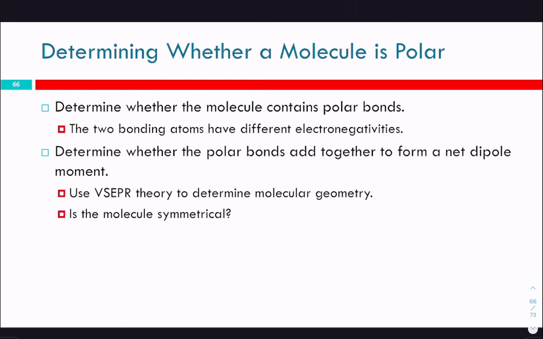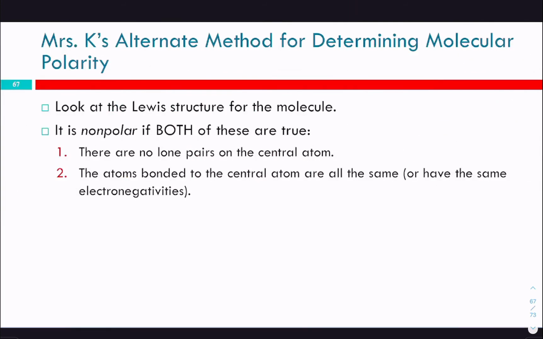The other way you can do this is if you use the molecular geometry and electron geometries. You can look at the Lewis structure for the molecule. So let me do water. So we've got water and then two lone pairs.